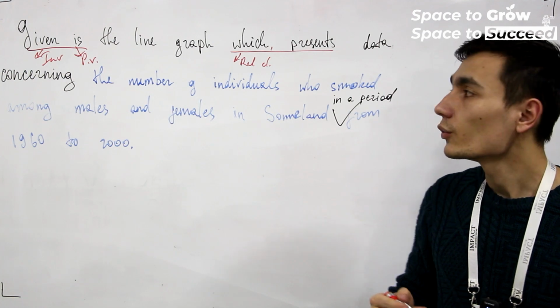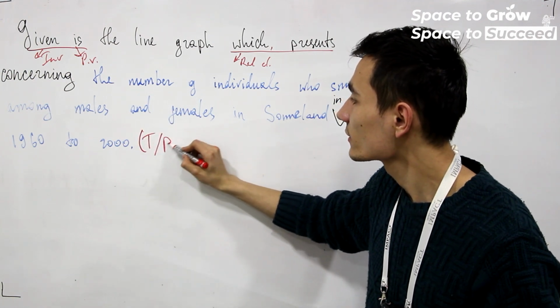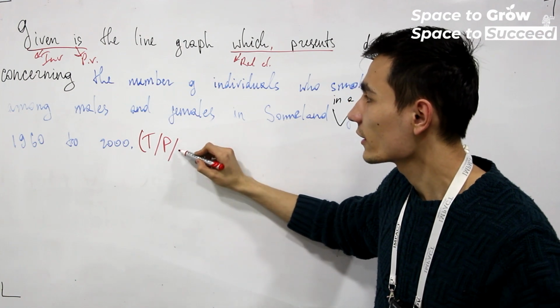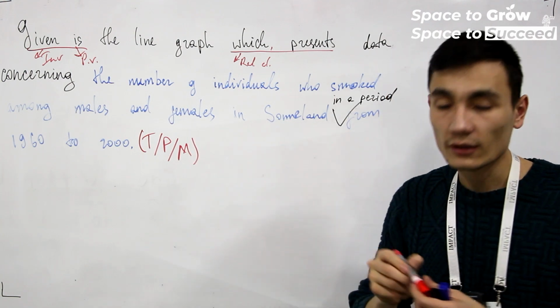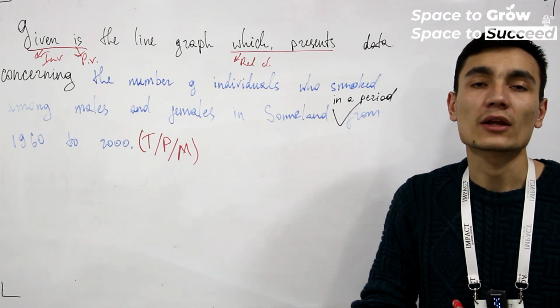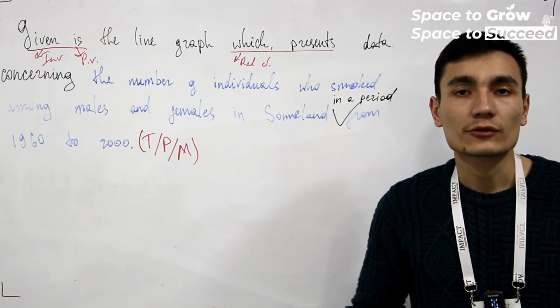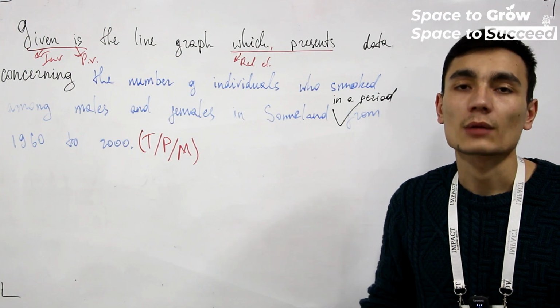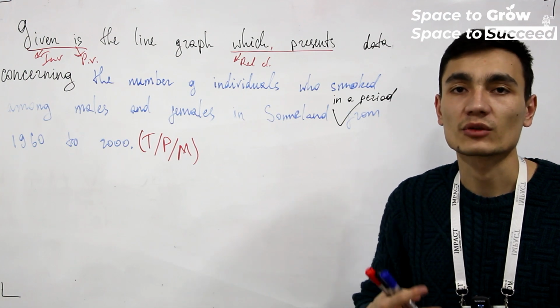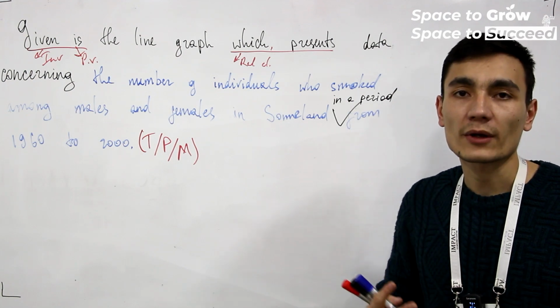As you see, we gave time and place, and we also have to give, as we said at the beginning of the lesson, the measurement. The measurement is what they are talking about when they are giving numbers. For example, in line graphs, when we say 20, it can be $20, it can be 20 kilos, 20 tons, or 20 meters. So we don't know, and when we don't know, we have to give it in our body paragraph.